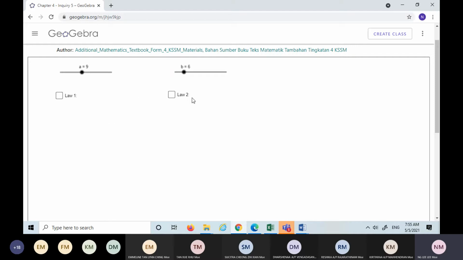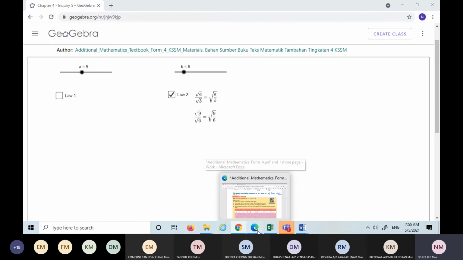How about law number two? Law number two, the same thing. If you divide, then it is the square root, and the whole thing inside is also divided. So this is all about it. Then we come back to the textbook.